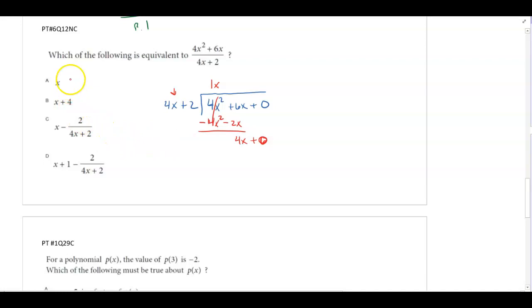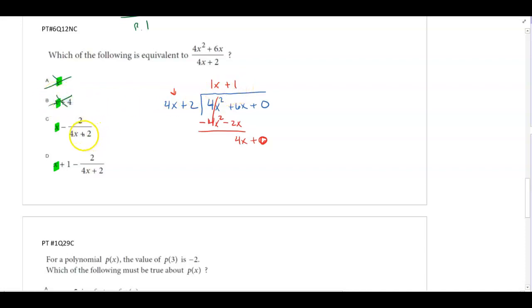Right away, all of my first answers make sense because the first term is x. Now I have to do the next step. What times 4x would give me 4x? Well, 1 times 4x would give me 4x. So now I'm down to x plus 1. Once I do that, I don't even have to go any further, because my quotient is going to be x plus 1.